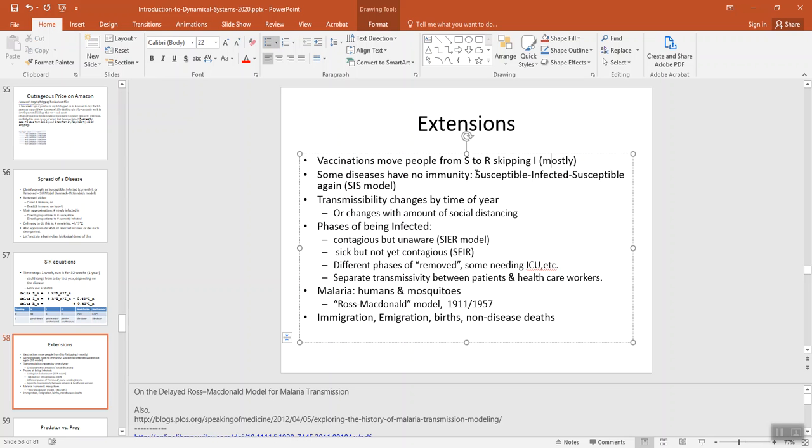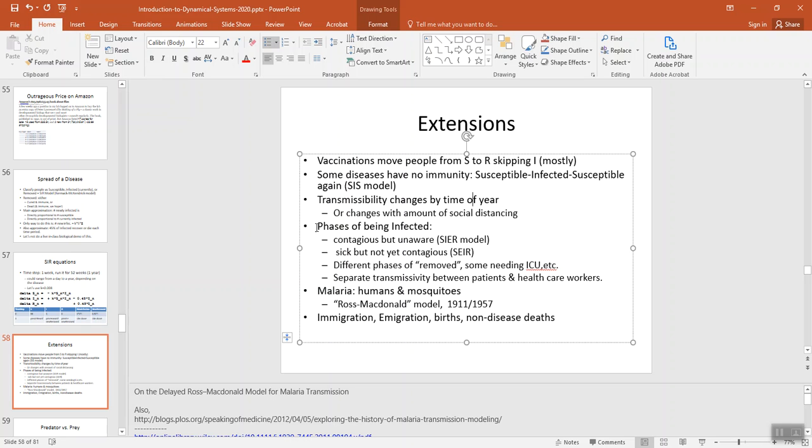Some diseases don't confer immunity, so you can go back to being susceptible after being infected. Some diseases, transmissibility changes by time of year, either because of the biochemistry and the temperatures or because people are behaving differently. Or we could have a model where the worse the infection gets, the more social distancing people do, and that K value changes.